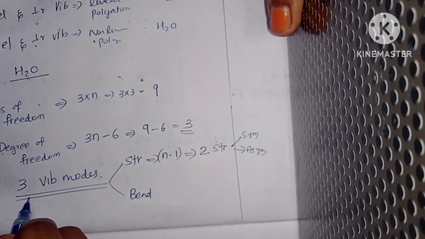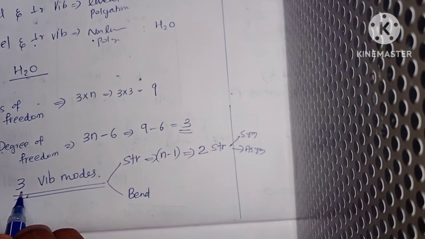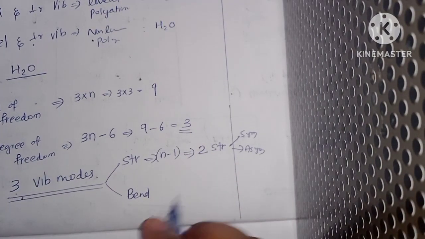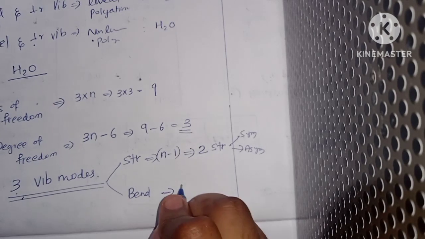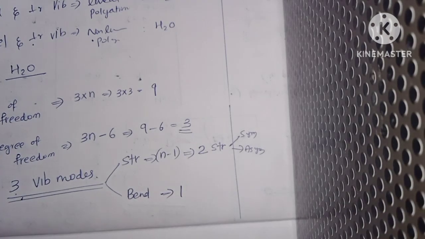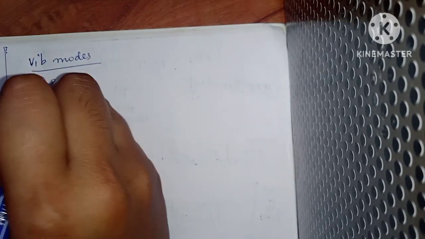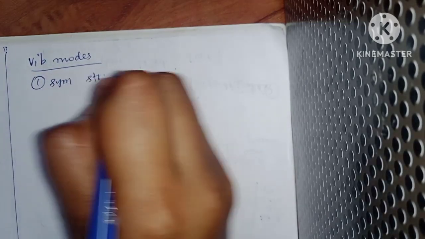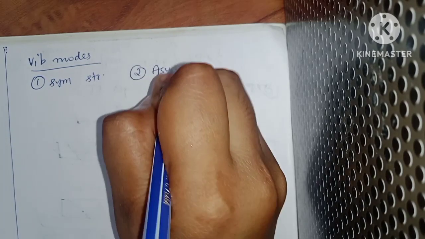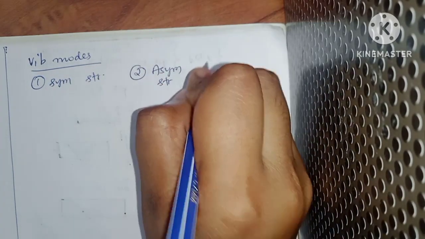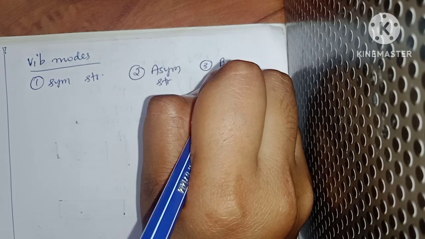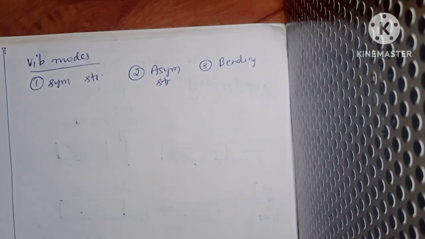Of the 3 vibrational modes, 2 are stretching, so the remaining 1 will be the bending vibration. So the 3 vibrational modes of the water molecule are symmetric stretching, asymmetric stretching, and bending. In case of CO2 there were 4 modes, 2 stretching and 2 bending.